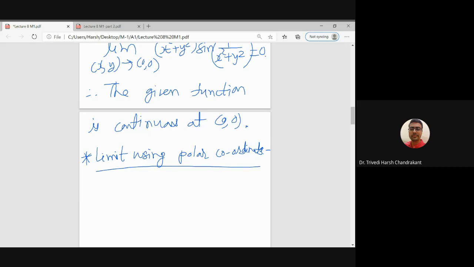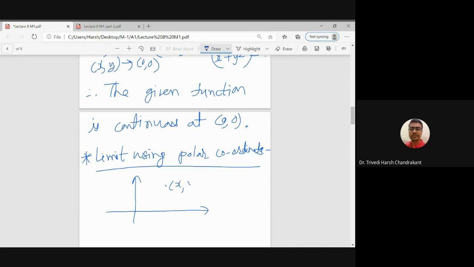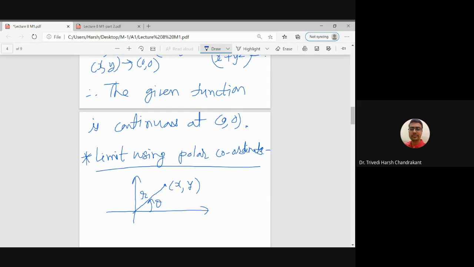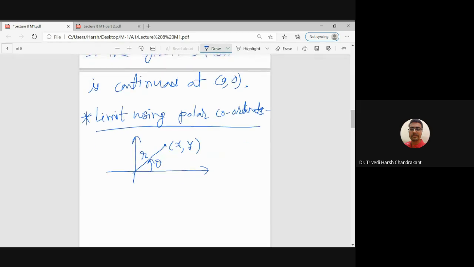So we know that polar coordinates are defined as follows: if we have a point (x, y) in the R2 plane, then we have a radius defined and an angle defined. The point should be non-zero, that is, the point (x, y) should be other than the origin. So how do we define r?